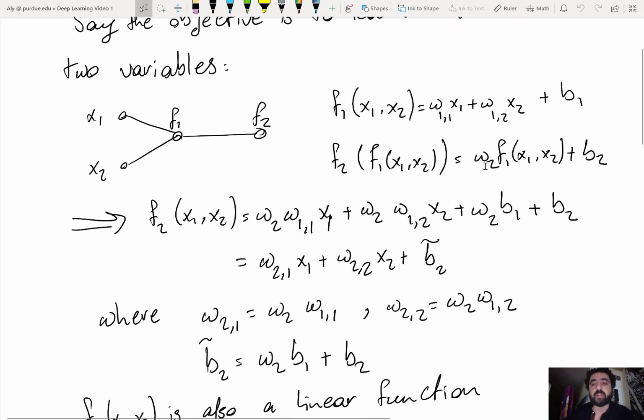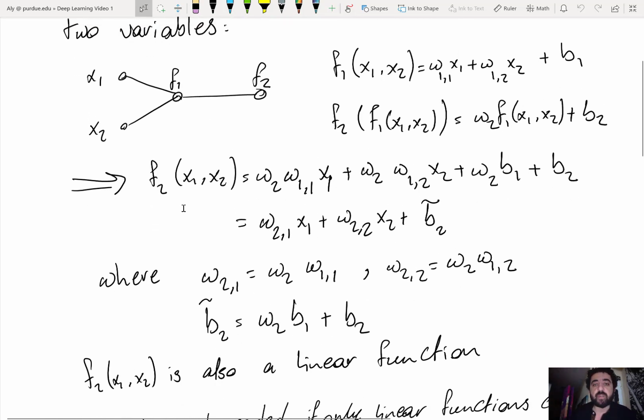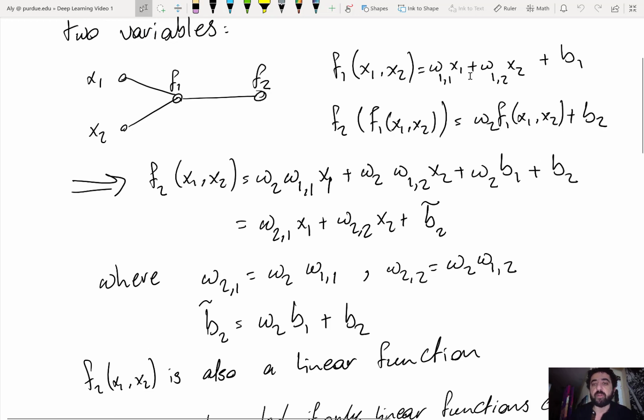So f2 is represented by a weight variable w2 times f1 plus a bias term b2. Now if we decompose f1 in terms of x1 and x2, then f2 as a function of x1 and x2 equals w2 w11 x1 plus w2 w12 x2 plus w2 b1 plus b2.